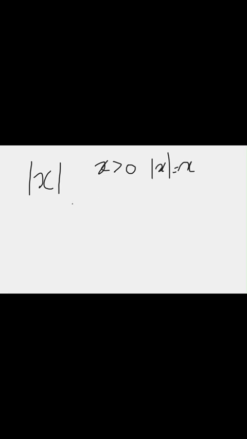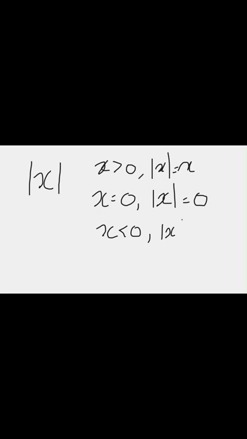For x equal to 0, the modulus of the number is always 0, since 0 has no sign. And for x less than 0, the absolute value of x is the negative of that number.